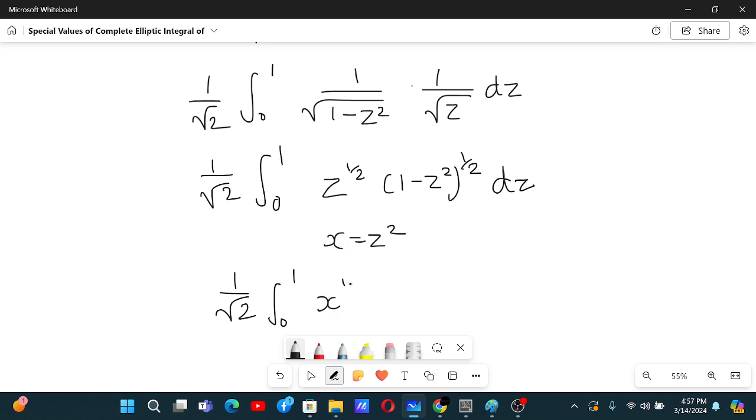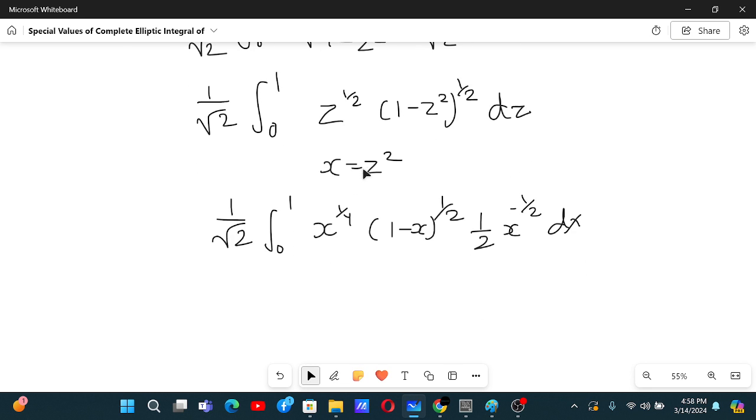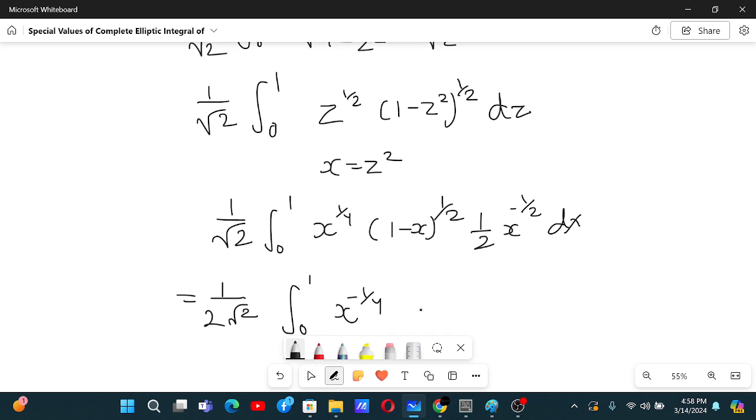That gives 1 by root 2 integral from 0 to 1 of x to the power minus 1 by 4, and then 1 minus x to the power minus 1 by 2, and then 1 by 2 x to the power minus 1 by 2 dx. So now this is 1 by 2 root 2 integral from 0 to 1. Now this is x to the power minus 3 by 4, isn't it?